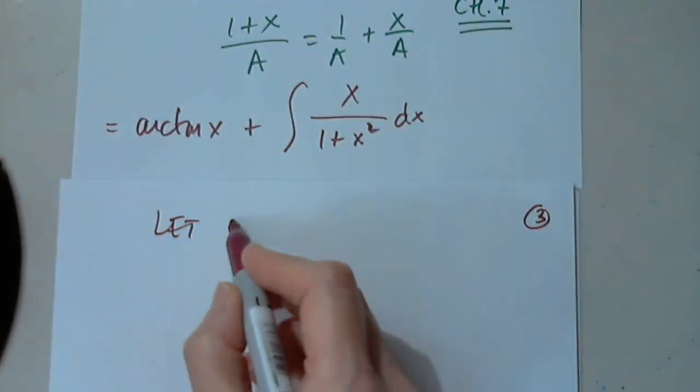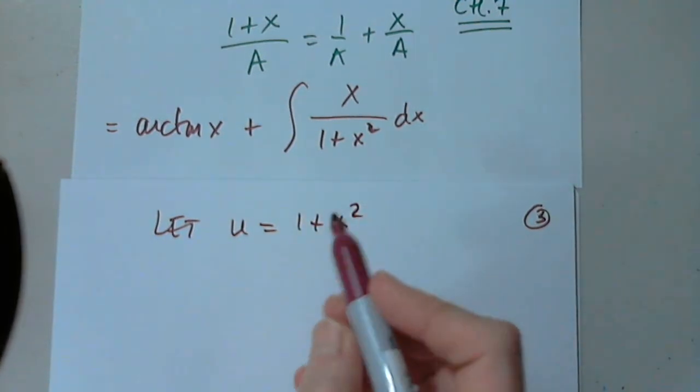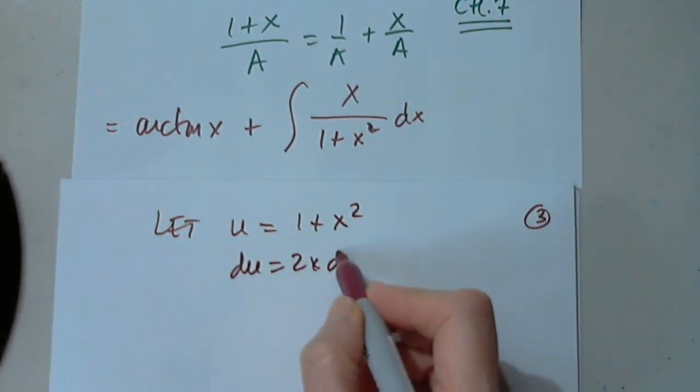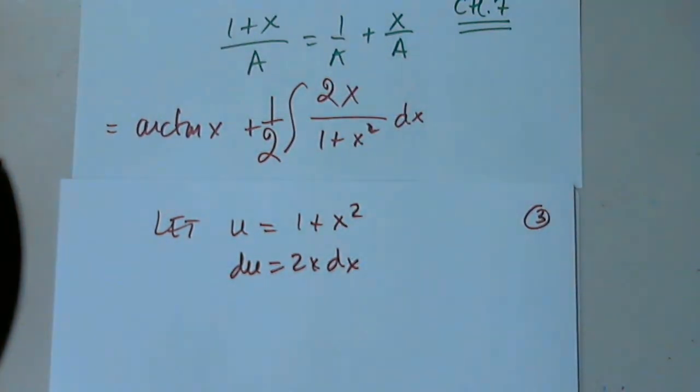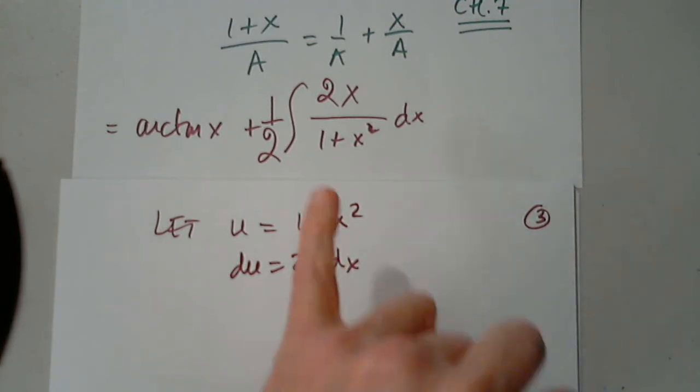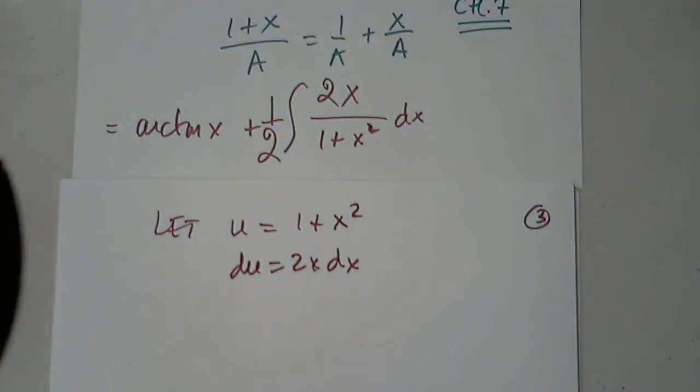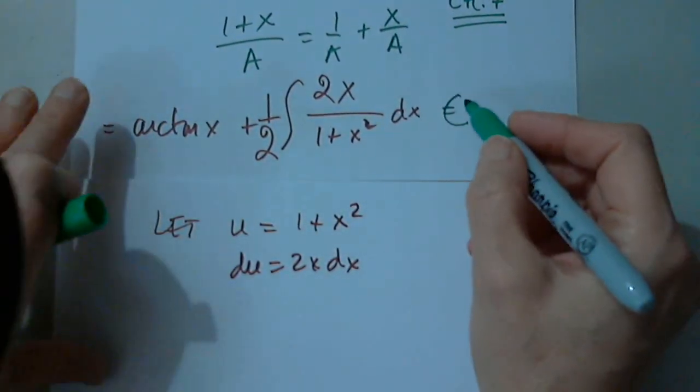So let u be 1 plus x squared. Of course, du equals 2x dx. All I have to do is fudge my number, which nobody cares. There is no change if I multiply by 2 and divide by 2. I didn't change anything.